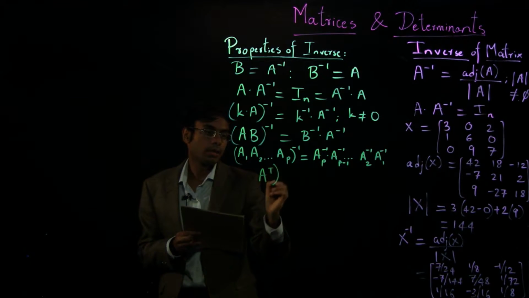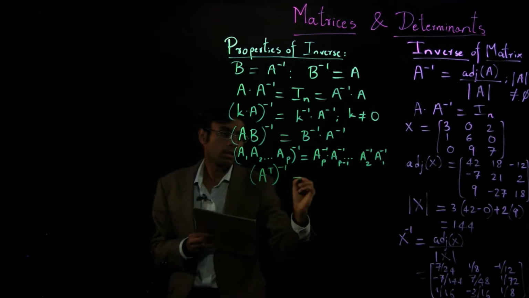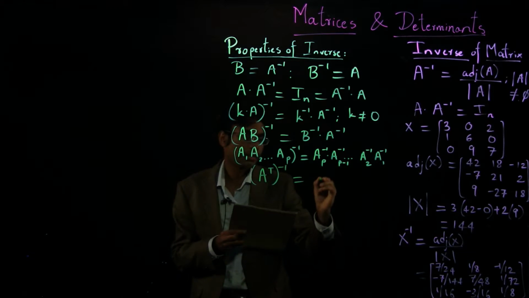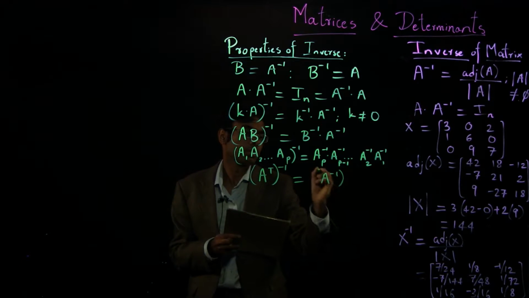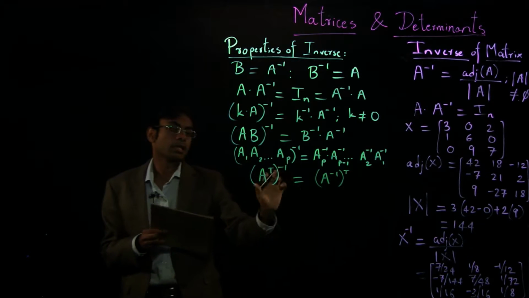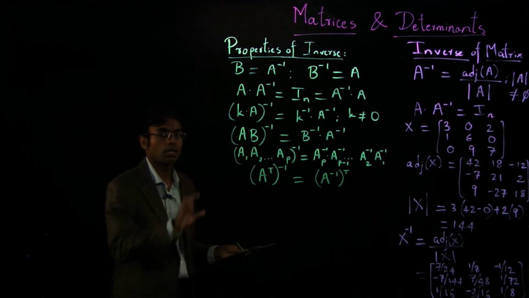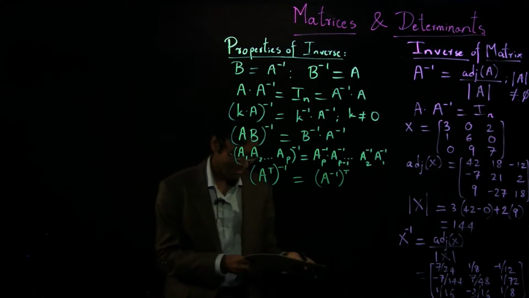And then if you take the inverse of the transpose, that is the same as taking the transpose of the inverse. So inverse and transpose, these two operations are invertible, so to speak.